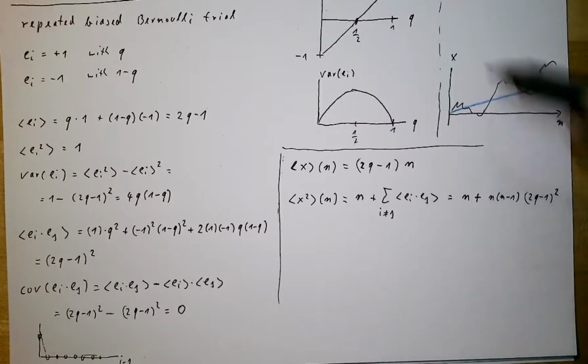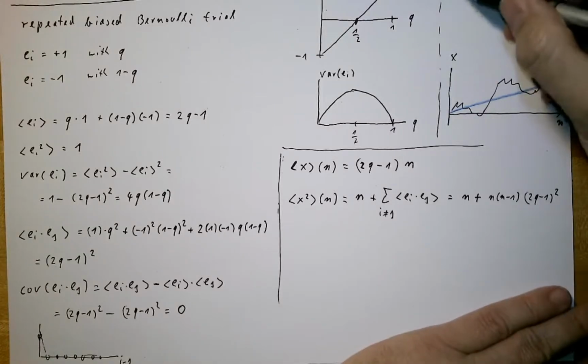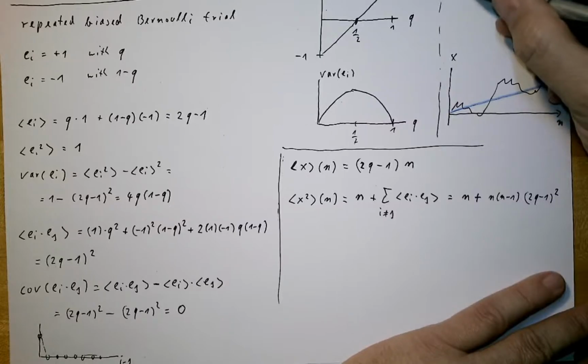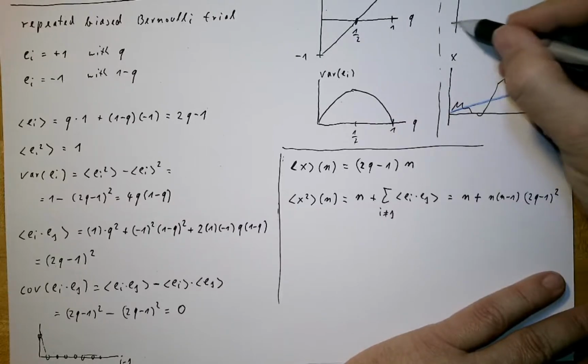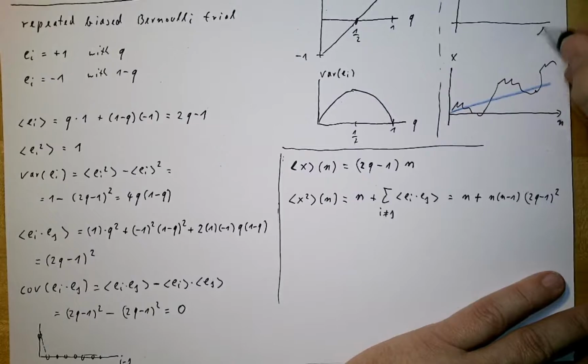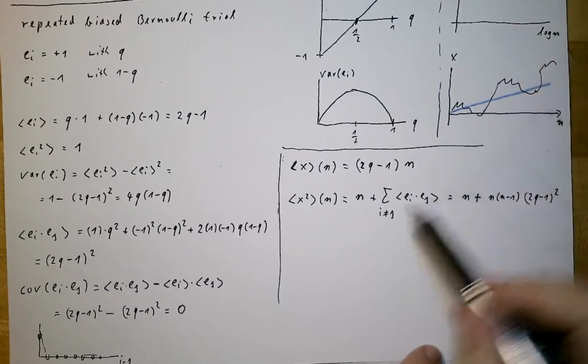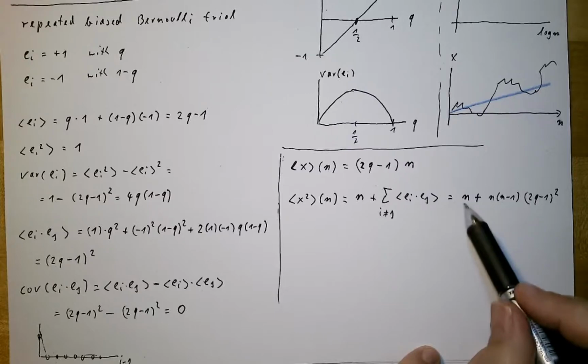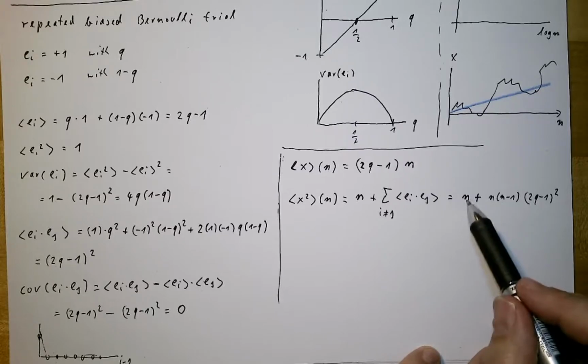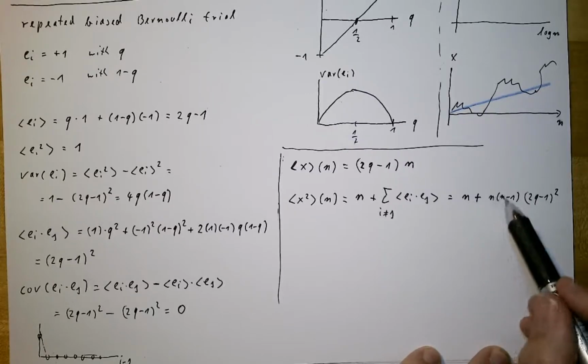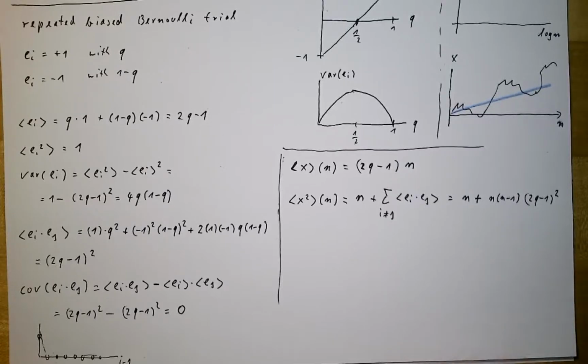So what happened? If we look at it on a log-log scale, log n here, and here we plot the log of the second moment of x, then we see a function which goes proportional to n plus a term which goes proportional to n squared.